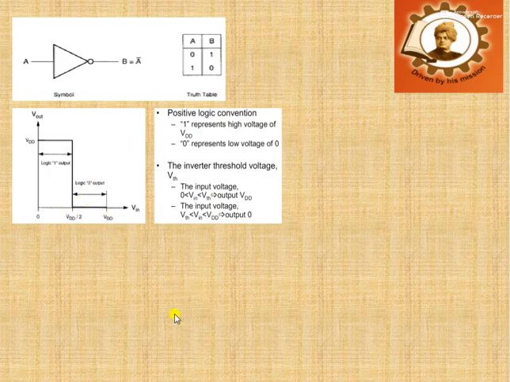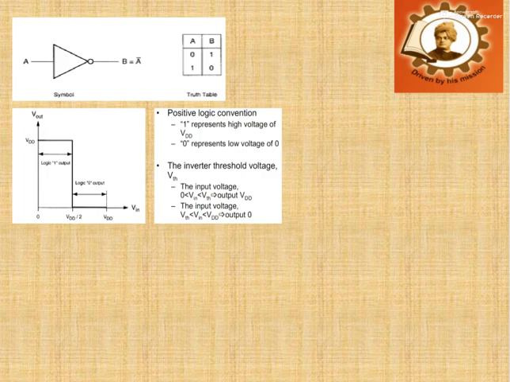For an ideal inverter, the output is uniquely determined for all the input voltages except VDD by 2, and no uncertainty occurs in between. Since the transition between the states is abrupt, the dynamic power dissipation is 0.